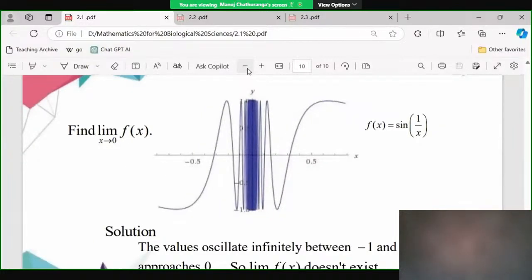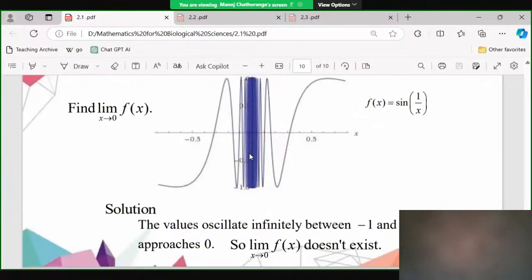It goes up and down infinitely many times. So near 0, it has this very fast-moving nature. Because of that, you cannot say what happens near 0. So we say the limit does not exist as a result of these very rapid oscillations.